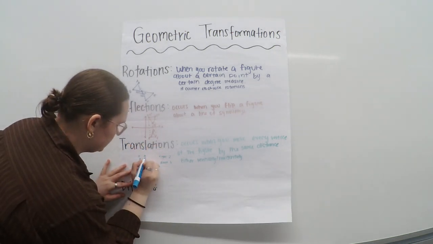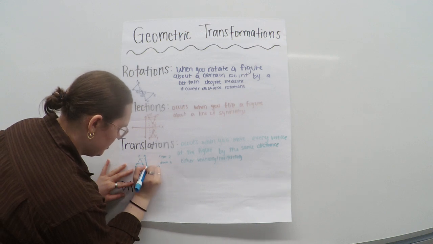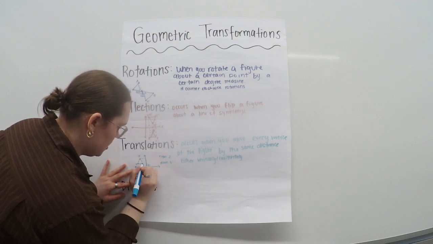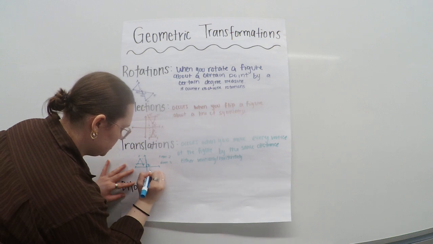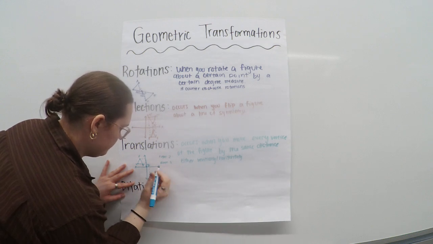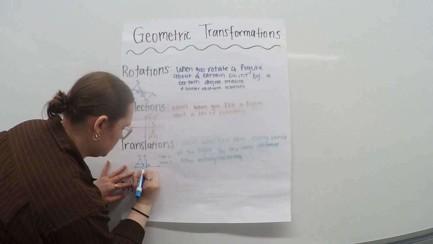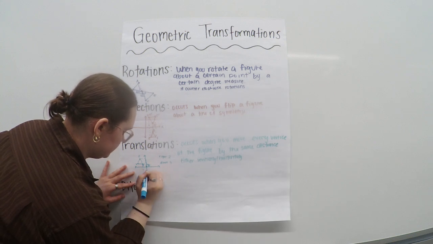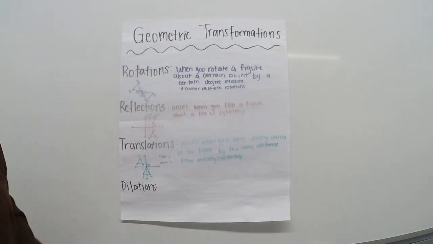So right 1, 2, down 1, 2, 3, that's my new R prime. 1, 2, 1, 2, 3, that's my new T prime. 1, 2, 1, 2, 3, S prime. So now I have R prime, S prime, T prime.